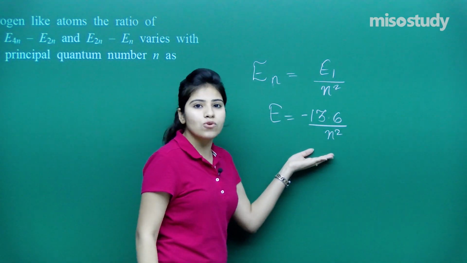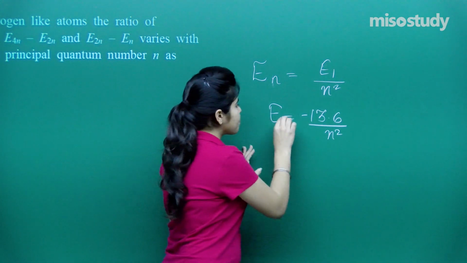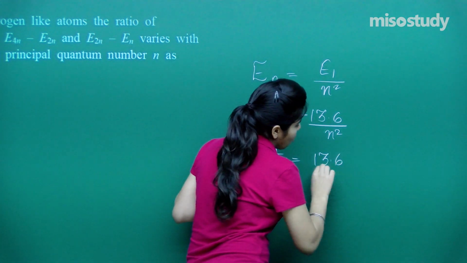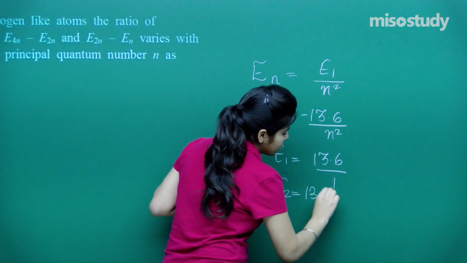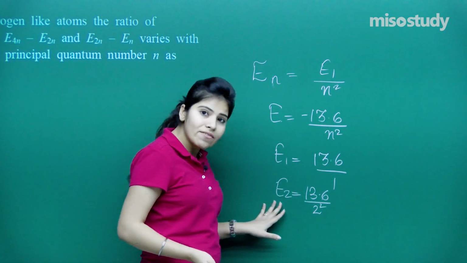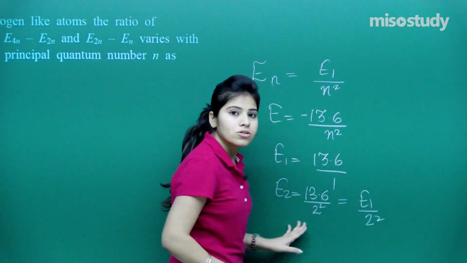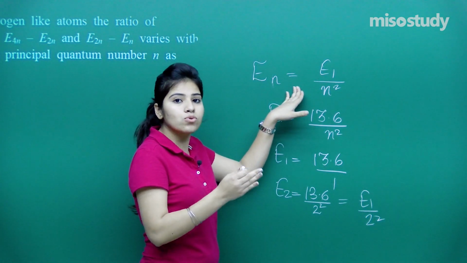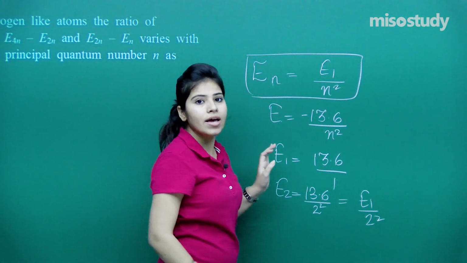Now if I want to find E for the second shell, third shell, E1 equals 13.6 upon 1, right? E2 will be 13.6 upon 2 square, that is 4. So can I write this E2 as E1 upon 2 square? Definitely it is going to be converted into this form if we write it for n. So we have En equals E1 upon n square.